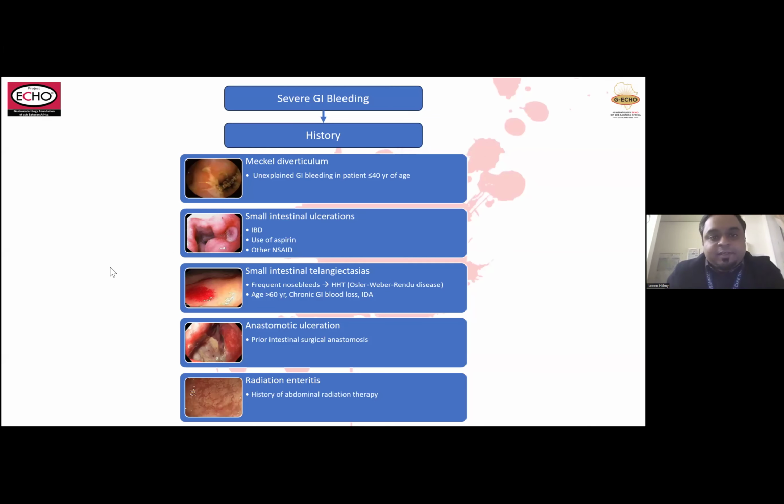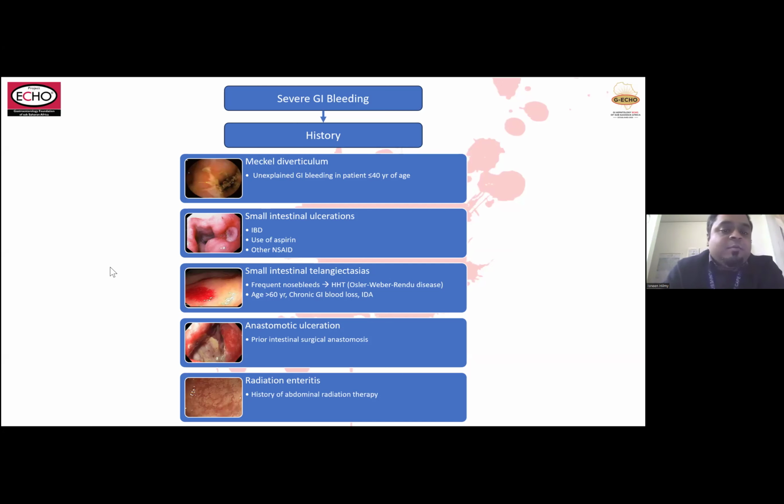And small intestinal ulcerations. So we again ask for history of any drugs that would cause ulcers, or history of IBD or relevant histories. And in Osler-Weber-Rendu syndrome, we also ask for nosebleeds and small intestinal telangiectasias.